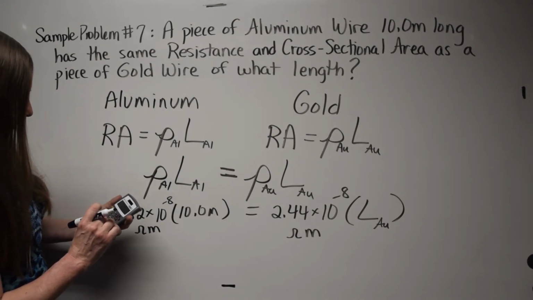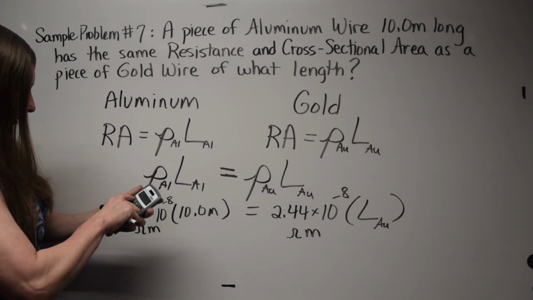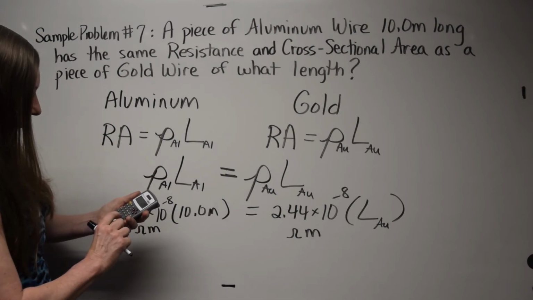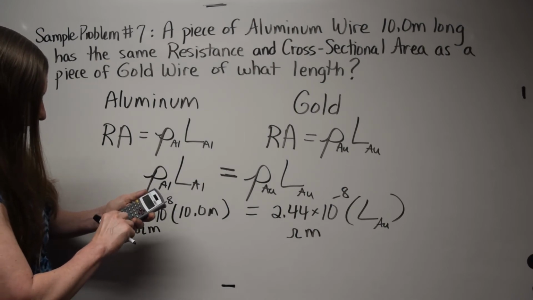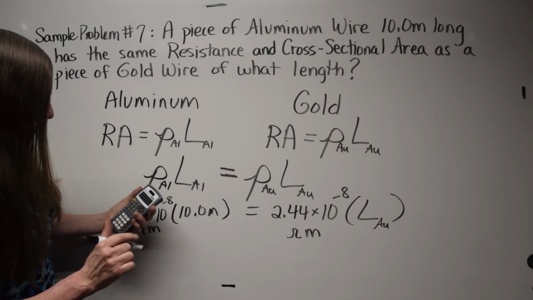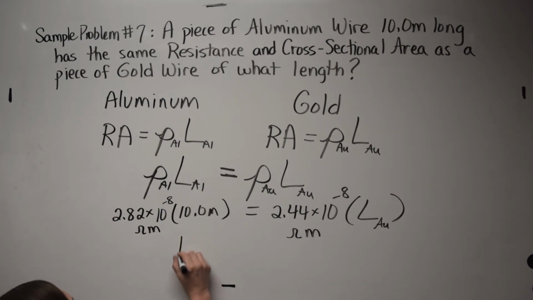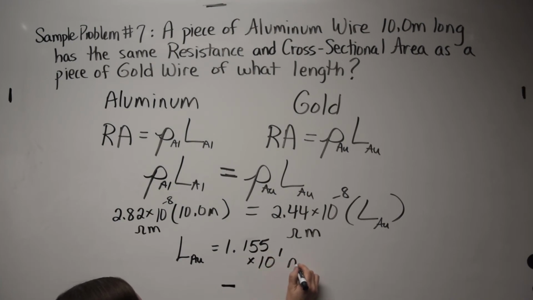Okay, that came out wrong, hold on. 2.82 E negative 8 times 10 equals, divided by 2.44 E negative 8 equals 1.155 times 10 to the first. The length of the gold is 1.155 times 10 to the first meters. So that's 11.6, let's say.